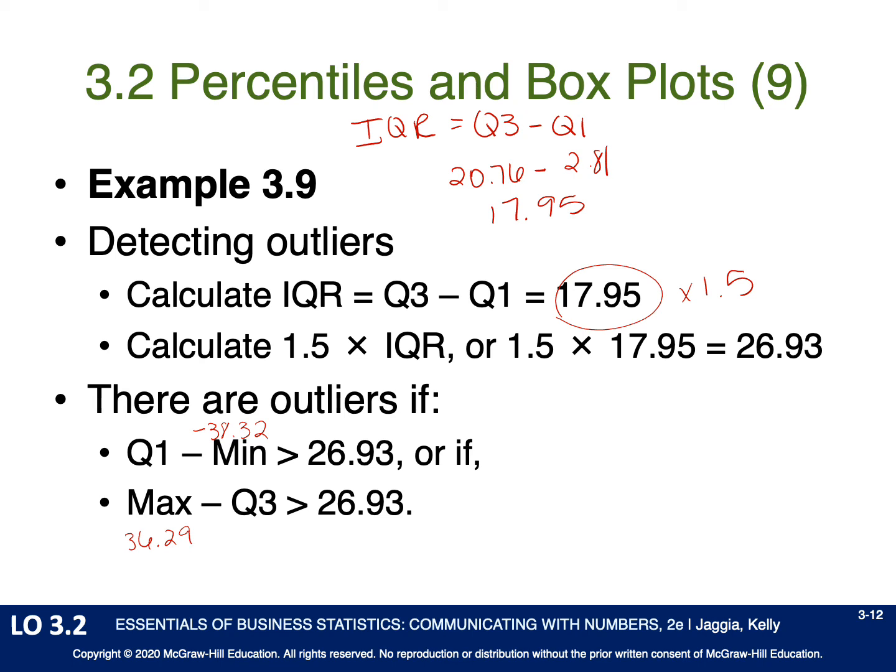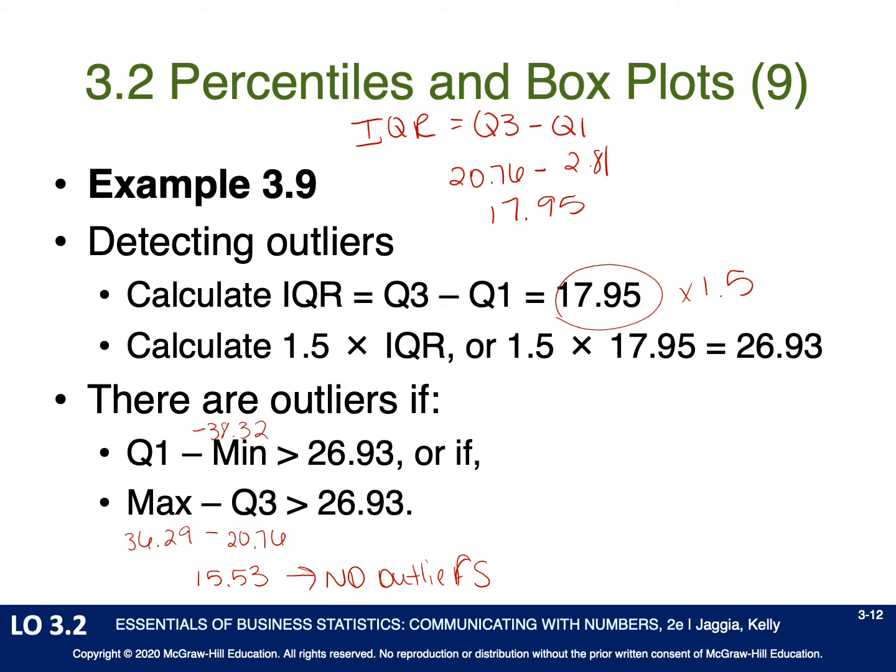The maximum of 36.29 minus quartile 3, which was 20.76, is, got to get my handy dandy calculator, 15.53. And since this is less than 26.93, we can assume that there are no outliers on the right end.